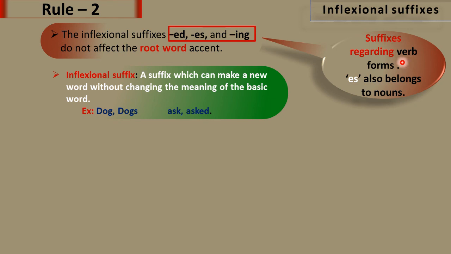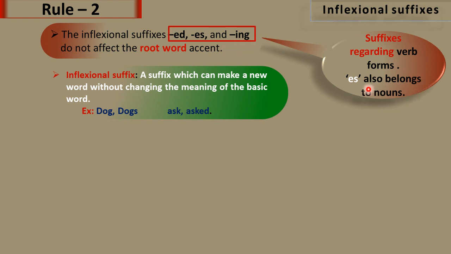Yes, V1, V2, V3 and V4. In order to form V1, V2, V3, V4, we generally use these inflectional suffixes. I am repeating, to form V1, V2, V3, V4, we especially use these inflectional suffixes only.